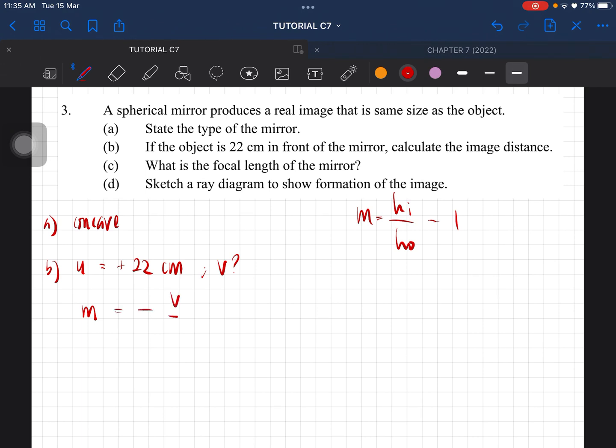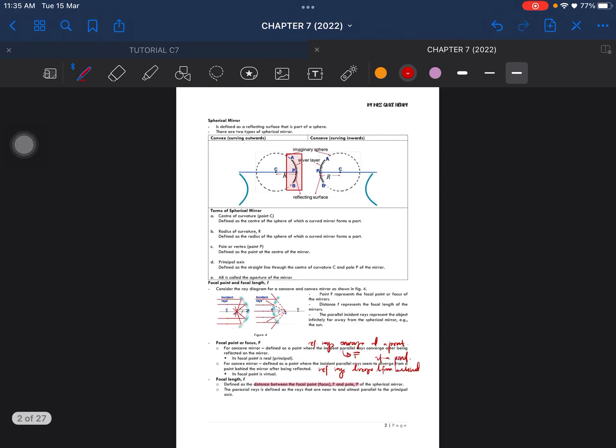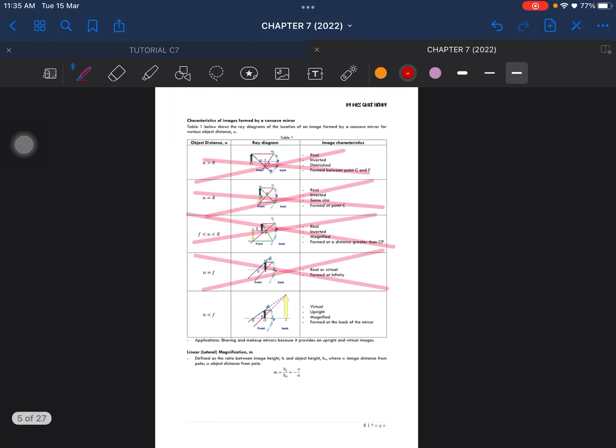So m is equal to negative v over u. So our v will then equal to... so the magnification will be negative because, let's look at the table.